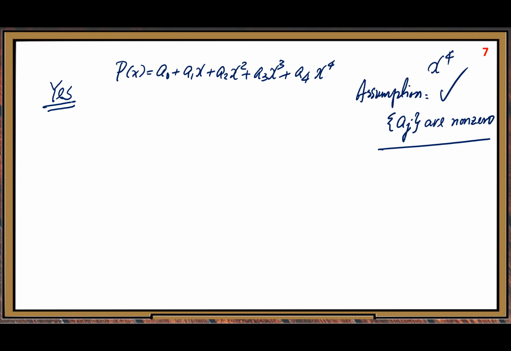All right, so let me write this polynomial. P of x equals 1 plus 4x plus 6x squared plus 4x cubed plus x to the fourth.